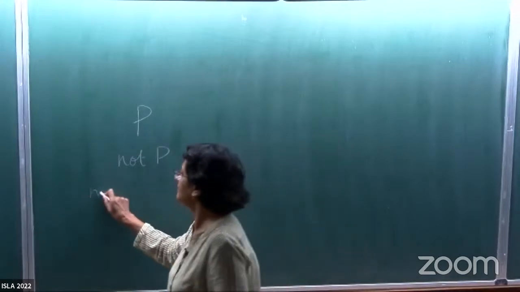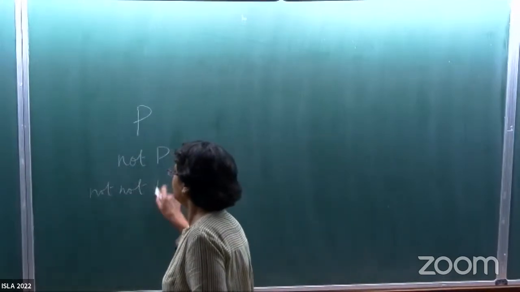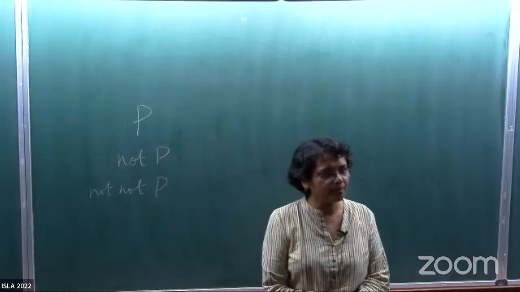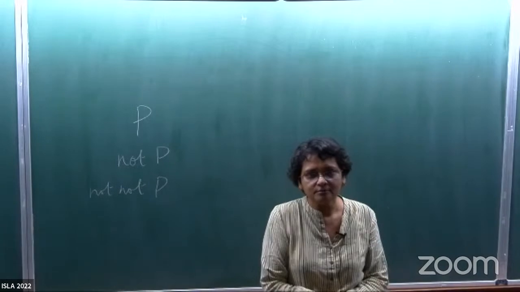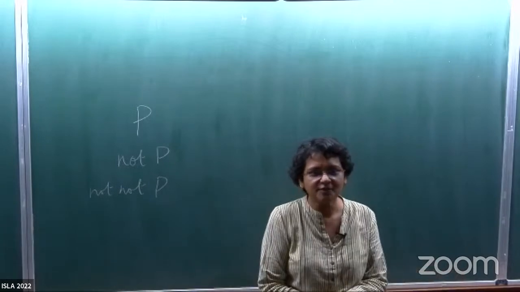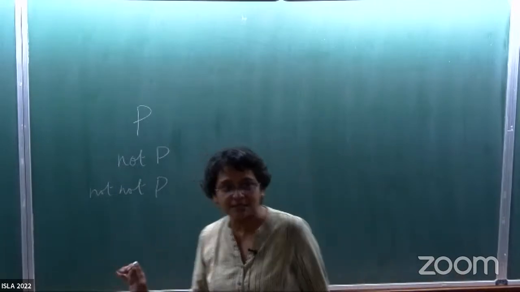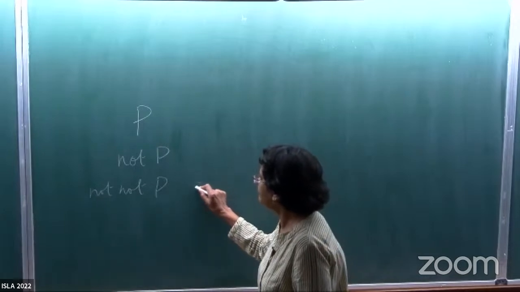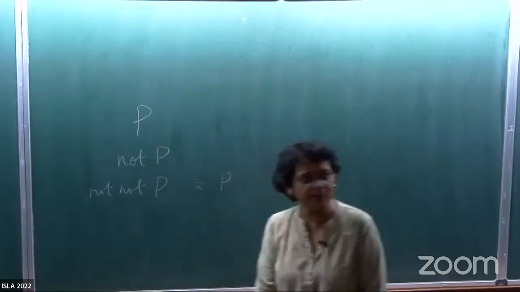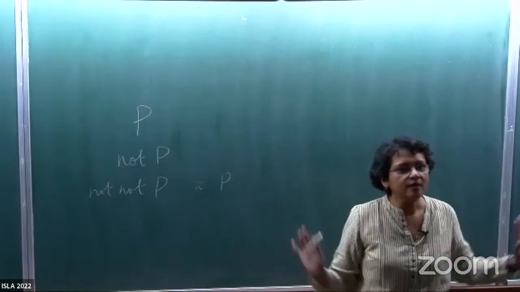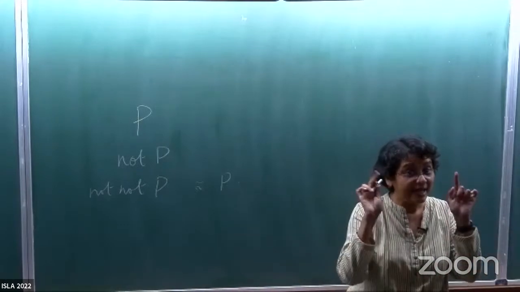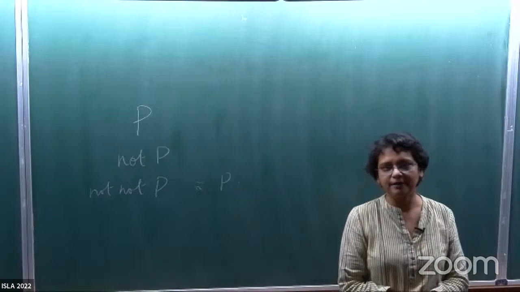That means you conclude that not of not P is the case. Finally, what do you conclude? P holds, right? So what's underlying that? That in some sense, not not P is equivalent to P, right? This we blindly follow as well in our classical mathematics.